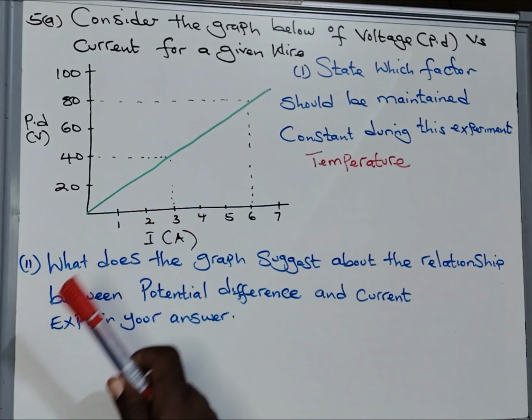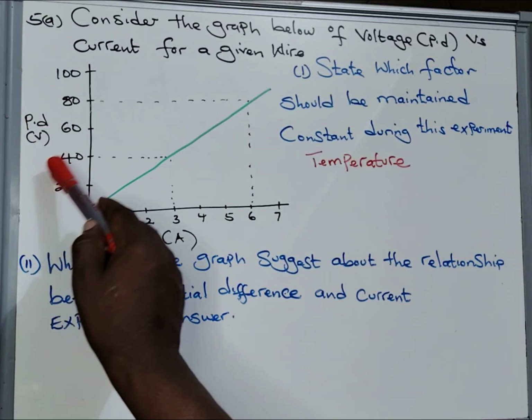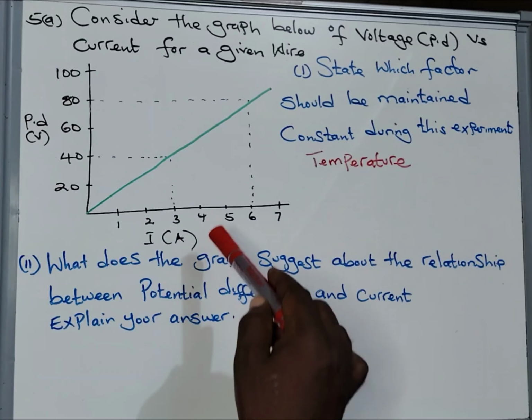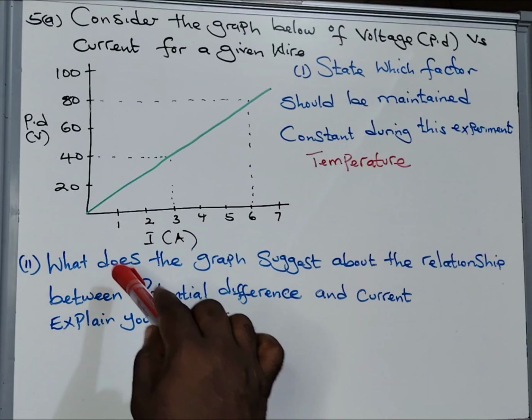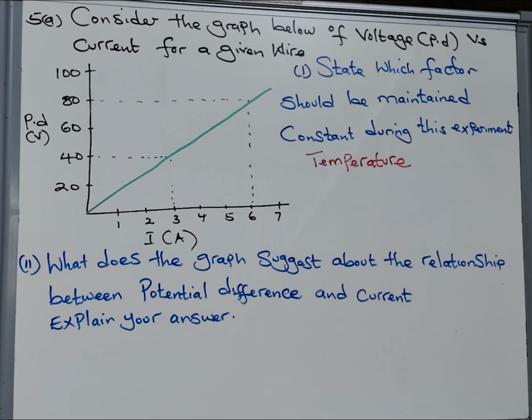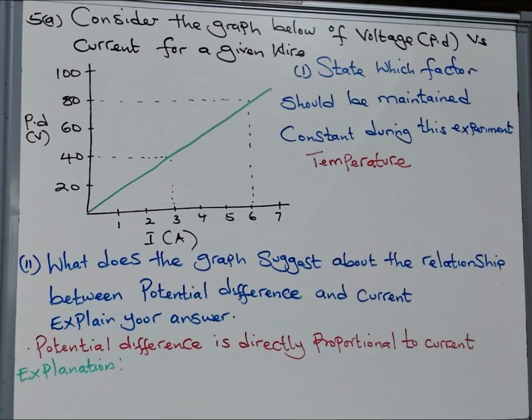A straight line with non-zero slope means that whatever is here, potential difference, is proportional to whatever is here, the current. So the graph suggests that potential difference is directly proportional to current. The explanation is that the graph is a straight line with non-zero slope.